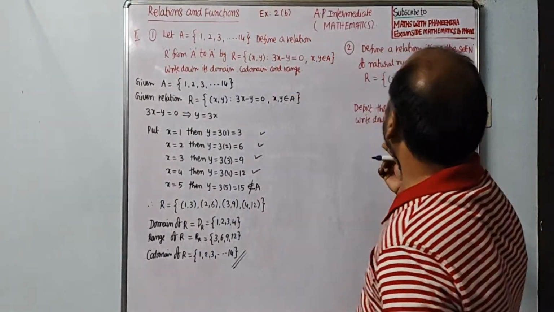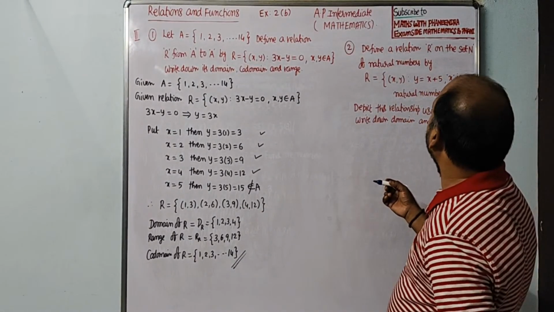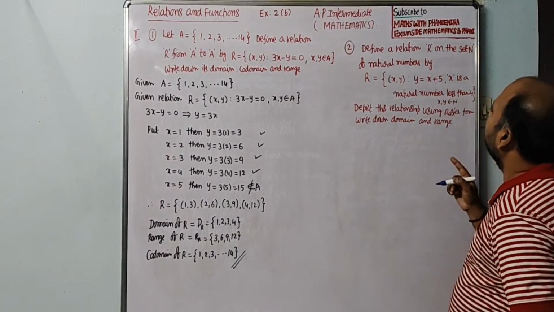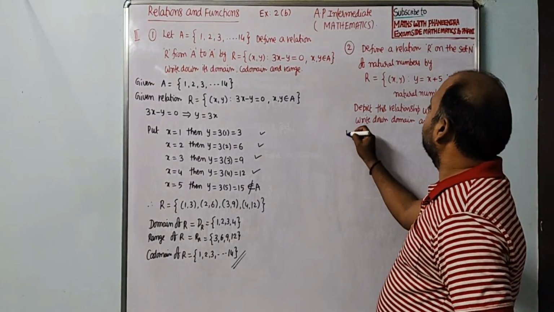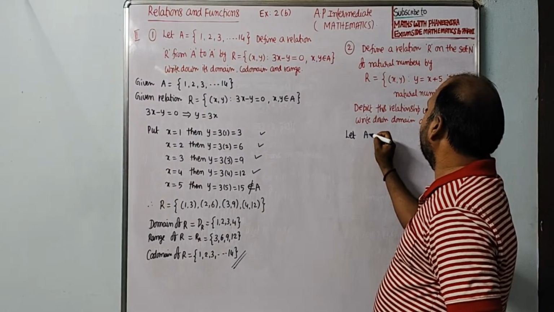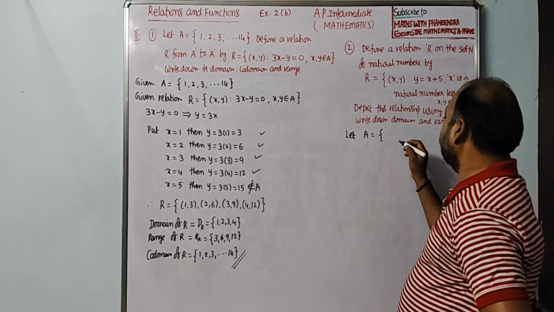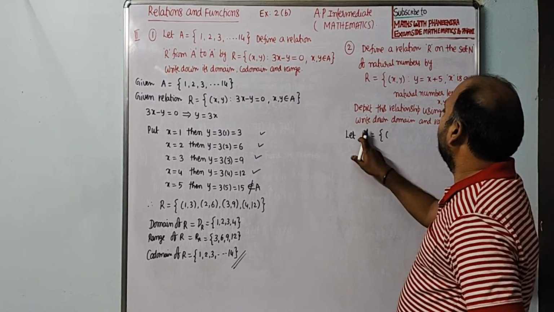Now come to the question number 2. So first, define a relation R on the set N, natural numbers which are less than 4. So let A equal to, let R is a relation.